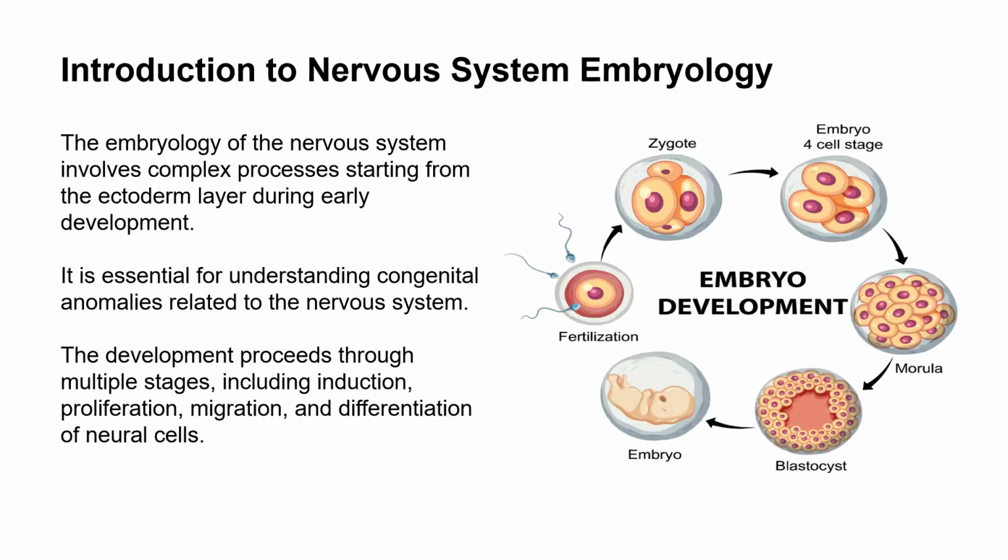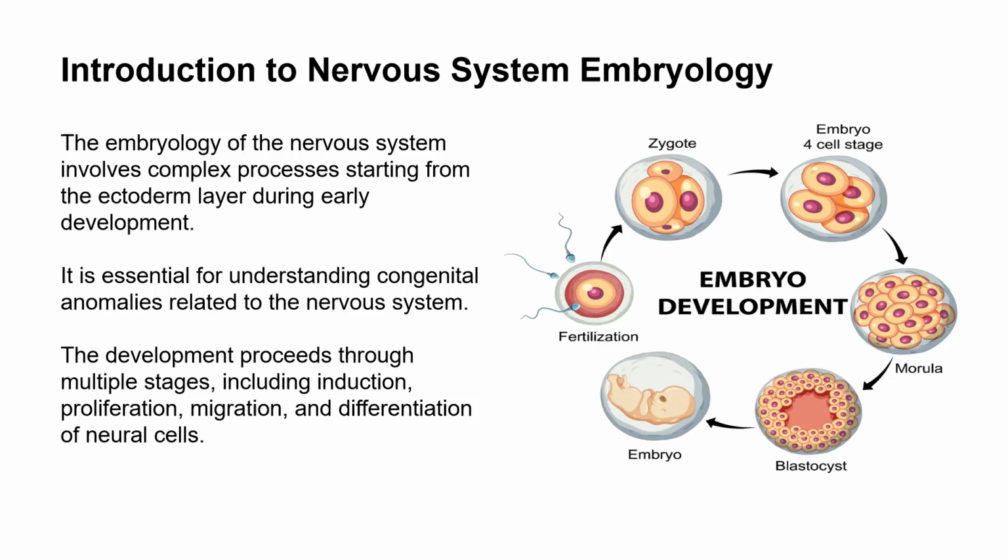Introduction to nervous system embryology. The embryology of the nervous system involves complex processes starting from the ectoderm layer during early development. Generally, after fertilization, a zygote is formed, and from the zygote we have the morula.